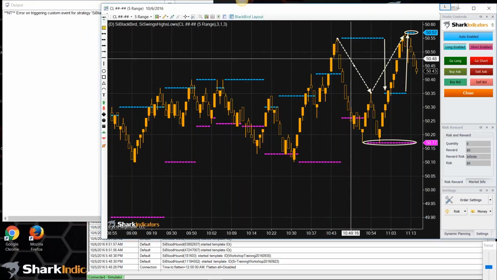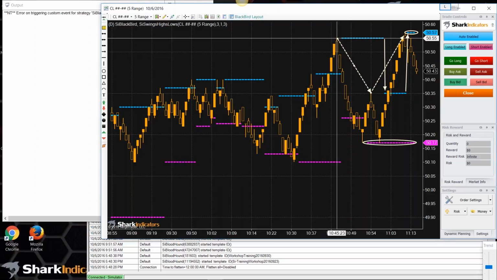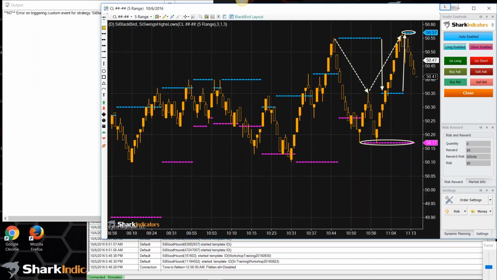So my dashed arrows are actually pointing to the actual swing points of the bars, and then my solid arrows are just identifying when the indicator is switching from swing point to swing point, right?